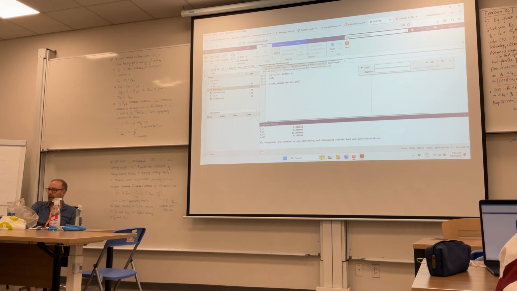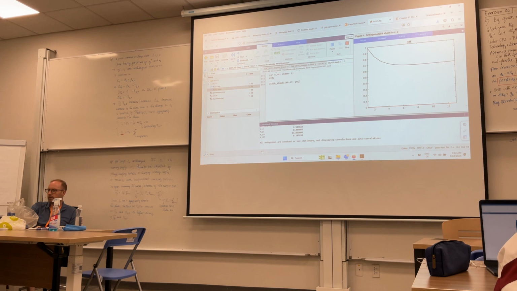By putting the name of a variable after the small symbol command, but before the semicolon, that tells Dynare to just produce plots with respect to that variable.